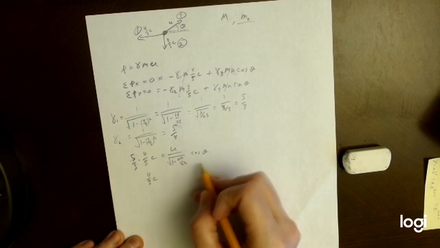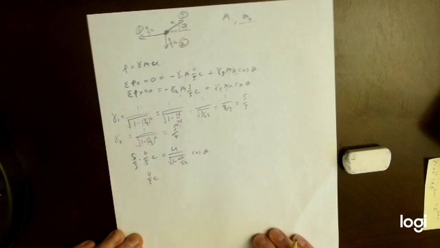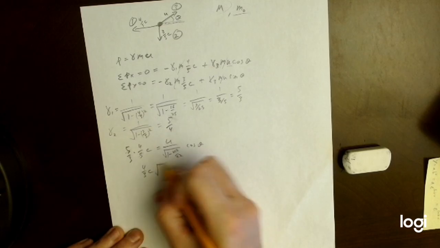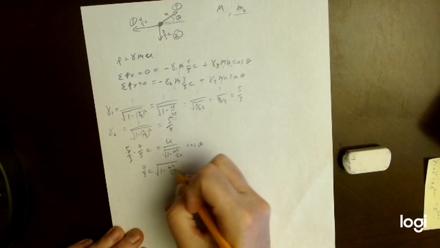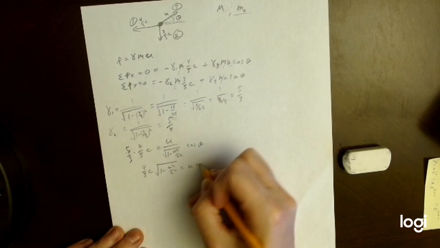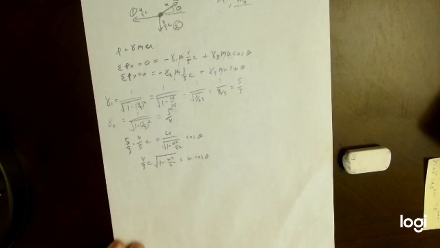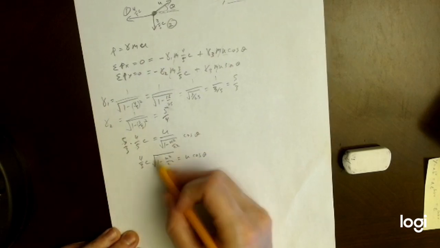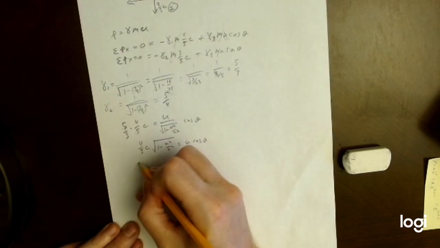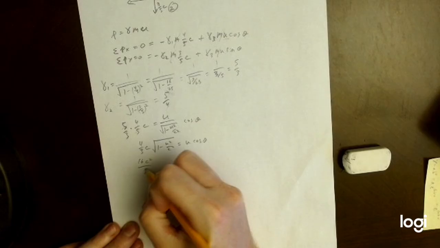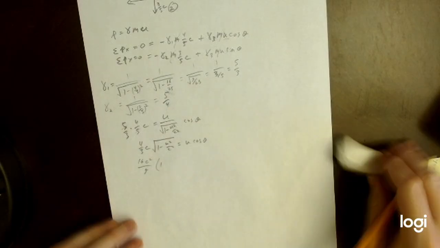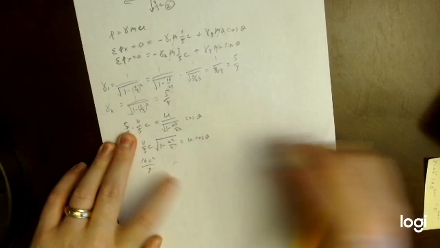I'm actually going to multiply both sides by this square root factor down there. 4/3 c times square root of 1 minus u squared over c squared is u cosine theta. And now I want to square both sides of this equation, because I don't want to deal with this square root. So we have 16c squared over 9, and I'll actually distribute out this whole square root.